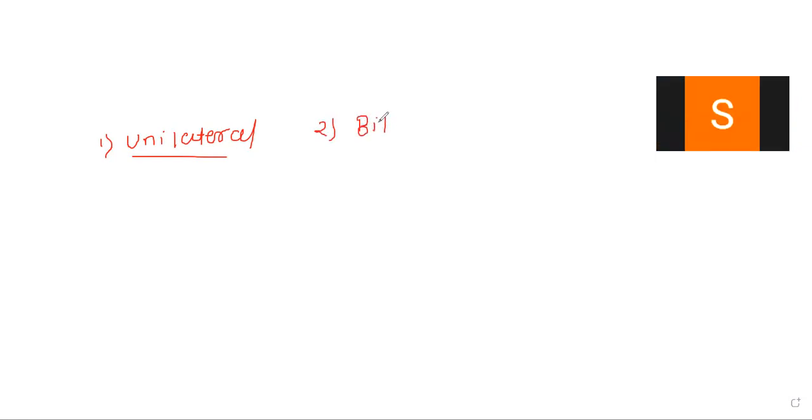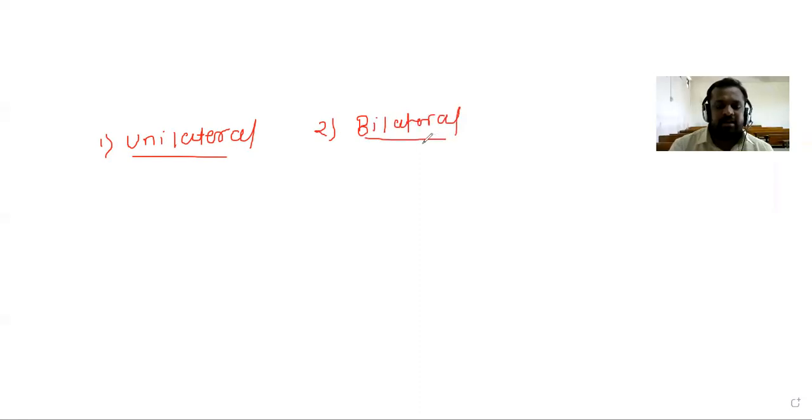First is the unilateral tolerance system, and the second is the bilateral. And how we have to show the unilateral and bilateral tolerance systems in a graphical representation, I will draw here.